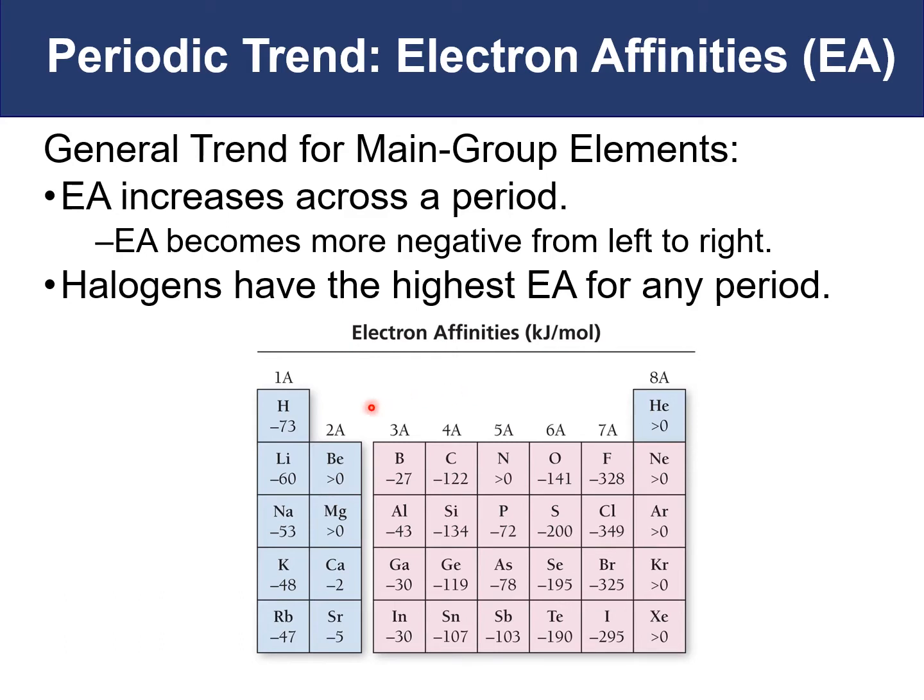So there is no overarching trend vertically in your electron affinities. However, there is a strong correlation left to right, where as you go across a period from left to right, your electron affinity will increase. As a result, your fluorine is going to have the highest electron affinity of any atom.